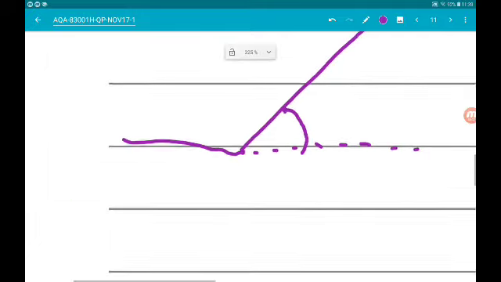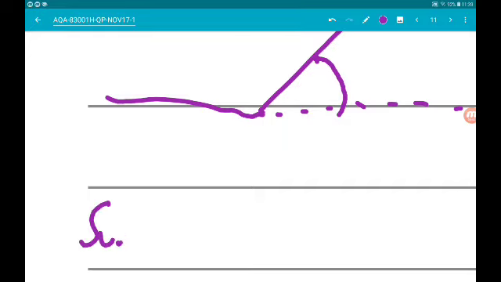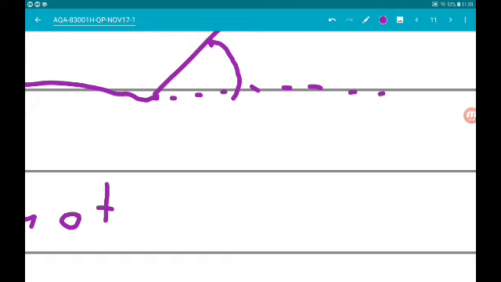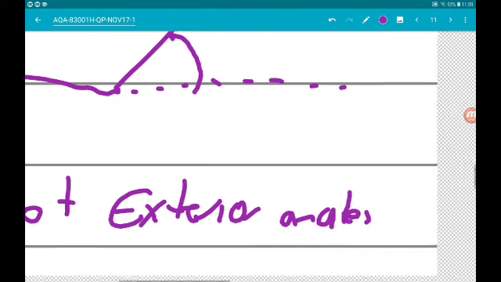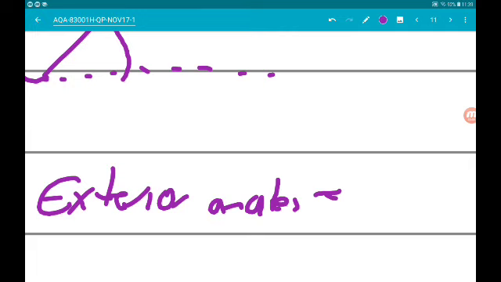Now the sum of external angles, or exterior angles, is always 360 degrees.